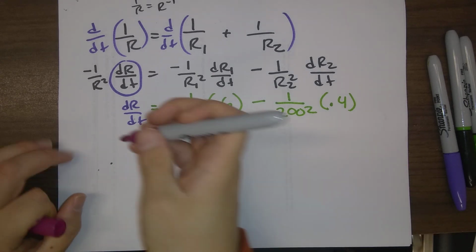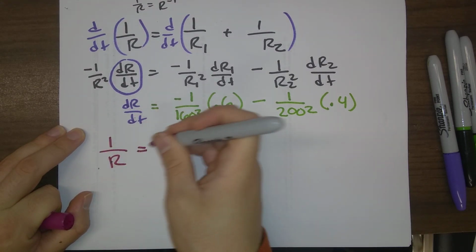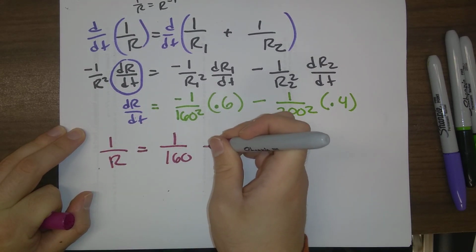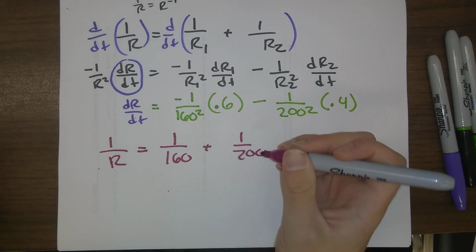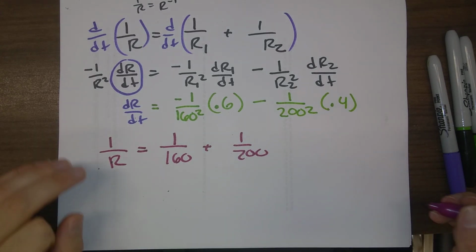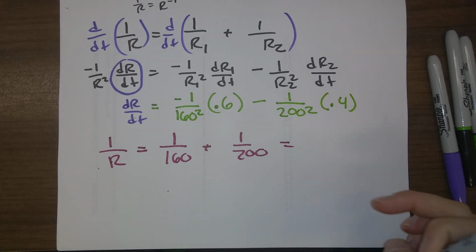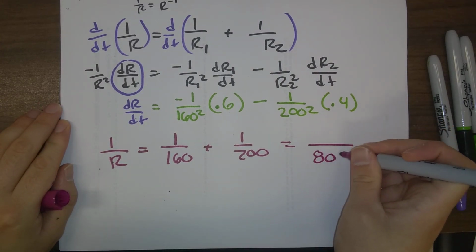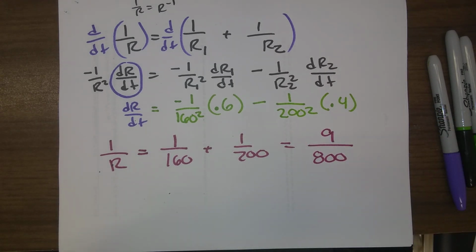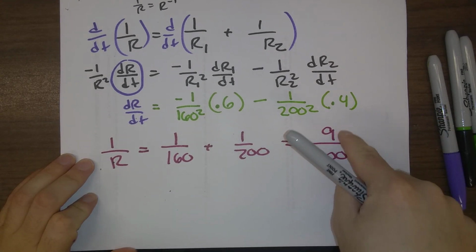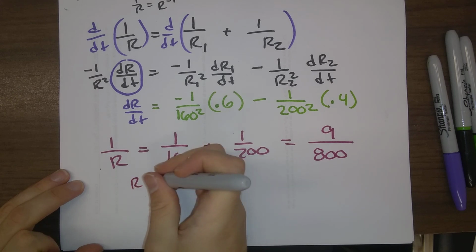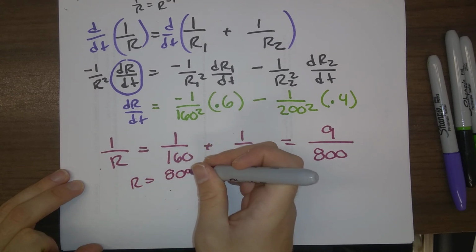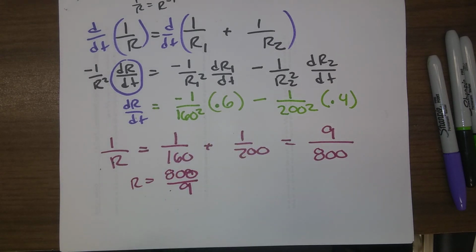So let's do that. 1 over R is 1 over 160 plus 1 over 200. If we combine this together, we get 9 over 800. So 1 over R is 9 over 800. So R is 800 over 9.